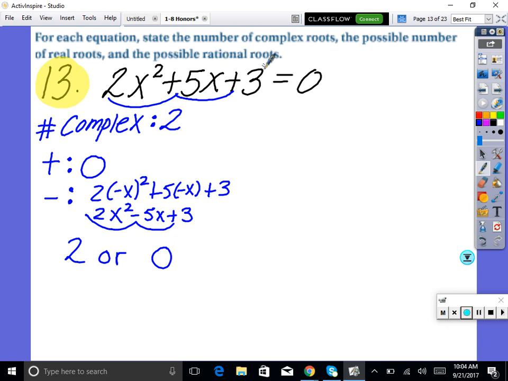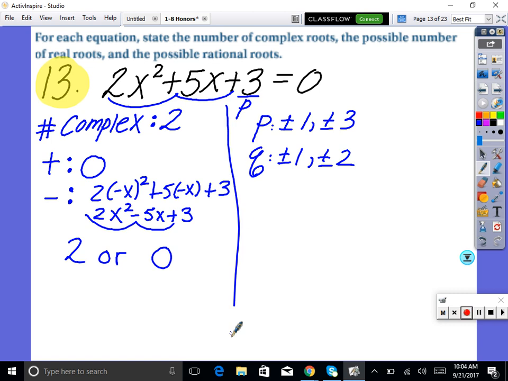Now it says, and the possible rational roots. We have to list out the P over Q. It wants to know what are the possible rational roots. So here we go. Factors of P, plus and minus 1, plus and minus 3. Factors of Q, plus and minus 1, plus and minus 2. So now in our answers, I'm going to do my answers over here and maybe my work over there.